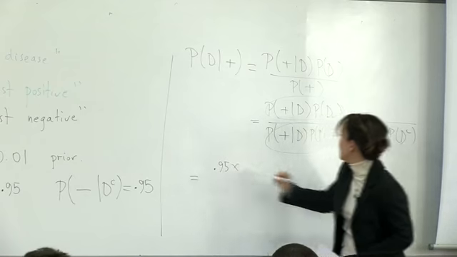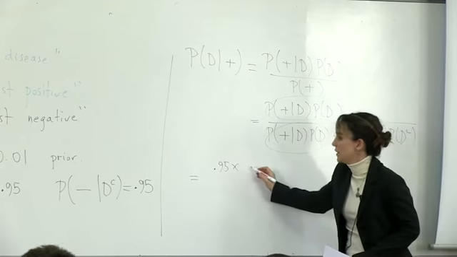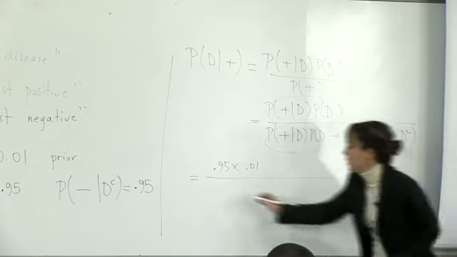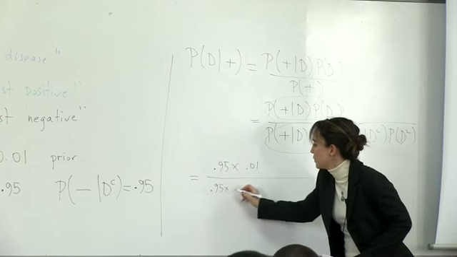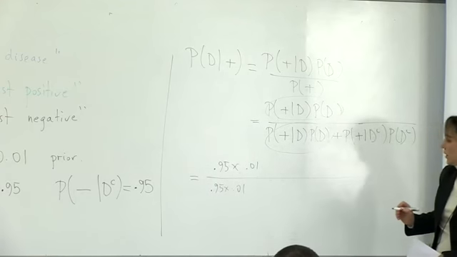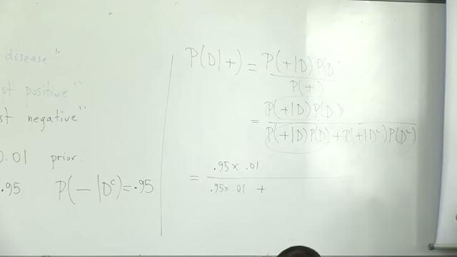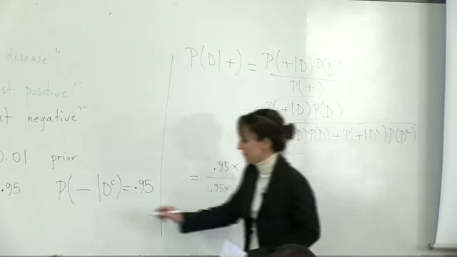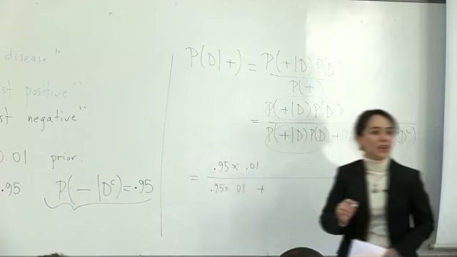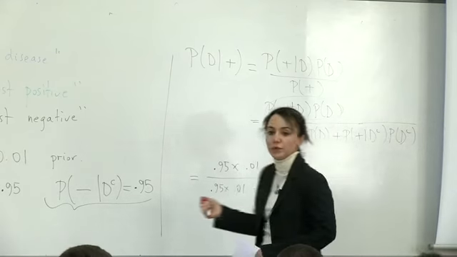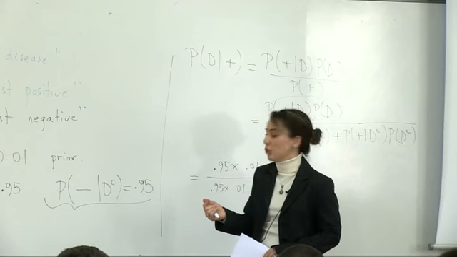Now, this term we can just write down using these numbers: 0.95 times P of D. P of D is 0.01. And in the denominator we have 0.95 times 0.01, plus the probability of positive given D complement. How did you get that? By the last question. Remember, conditional probability is a probability. So the conditional probability law is a legitimate probability law, and it satisfies normalization.